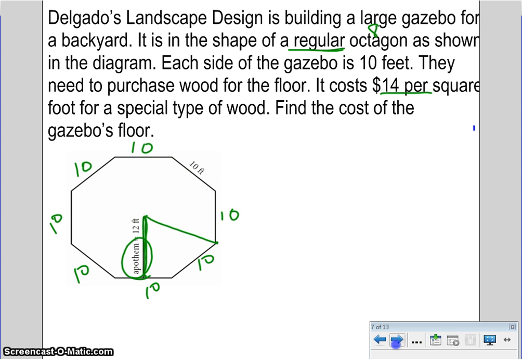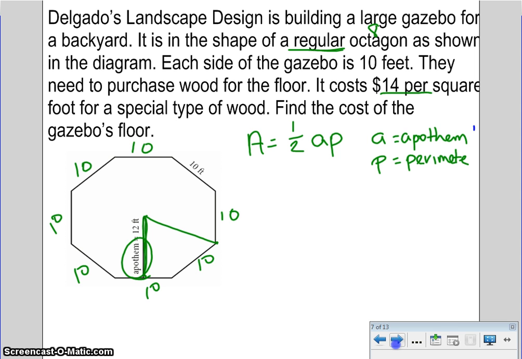And the formula that we need here is area equals 1/2 the apothem, which is little a, times the perimeter. So A equals my apothem, P equals perimeter.